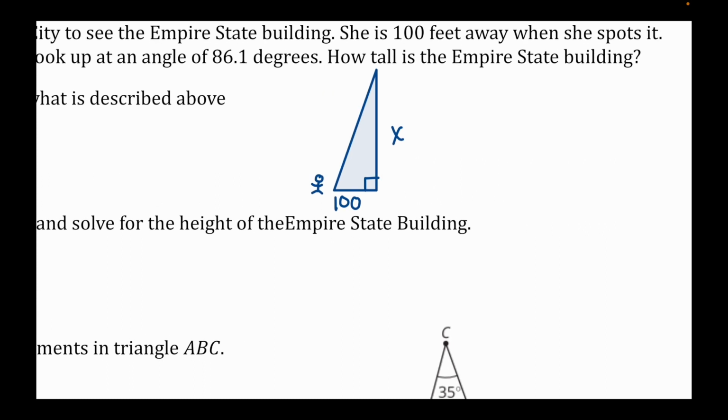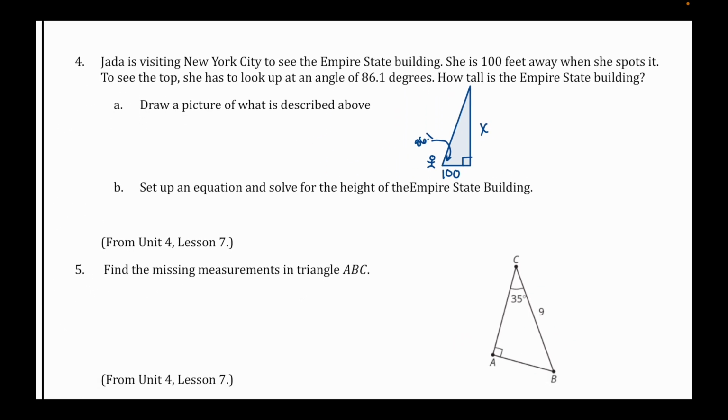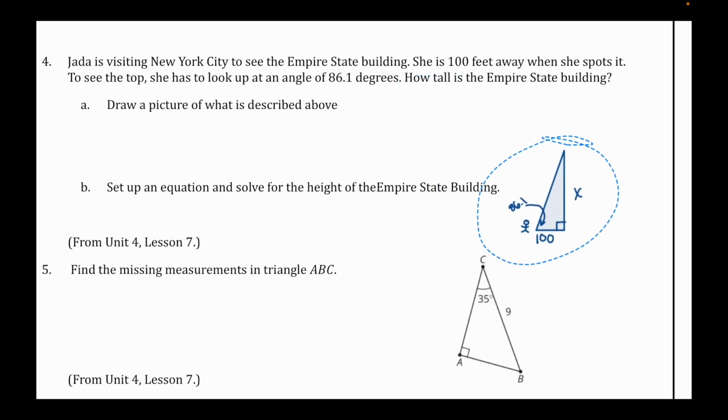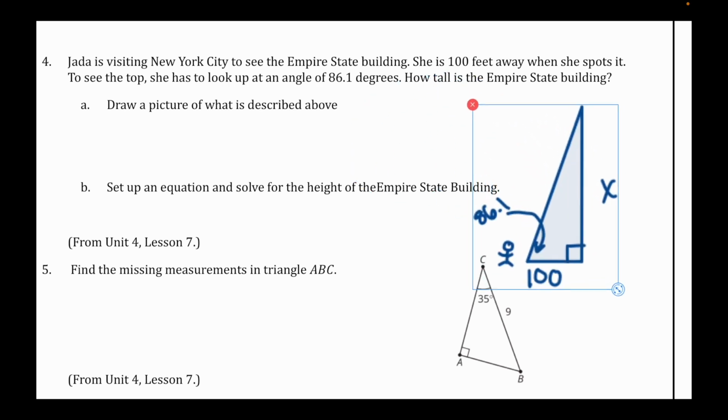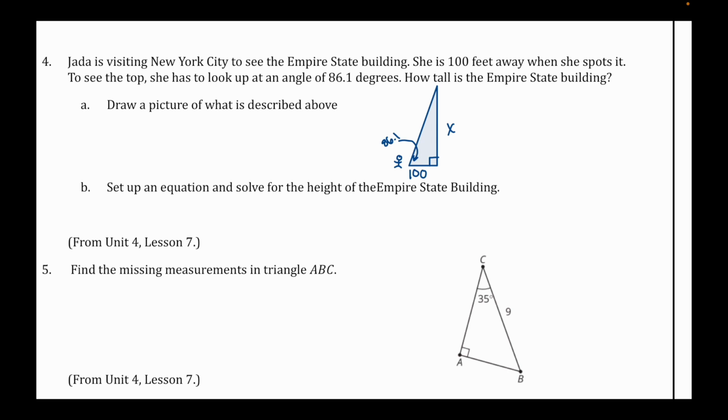Now, they also told us that the angle she has to look up at is 86.1. I'm just going to label it in here, 86.1, so you can see, because it was hard for me to write in that small area. So that's a picture. Now, if you wanted to draw this bigger, you could draw your picture larger in the side where there's some space. I'm not going to do that. But now we're going to set up an equation and solve for the height.